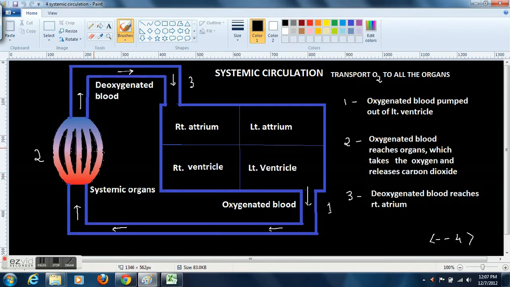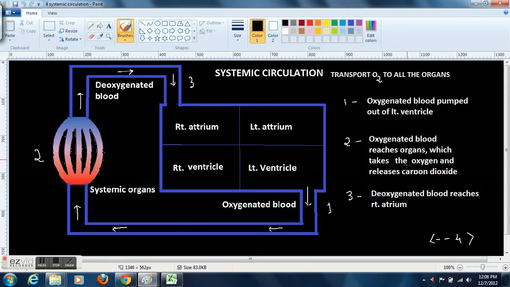So item number 2, oxygenated blood reaches organs, which take the oxygen and release carbon dioxide. So in the organ, that is 2, which is a combination of all the organs, it absorbs the oxygen and releases carbon dioxide. Then the deoxygenated blood flows through, that is point number 3, and then it falls into the right atrium.